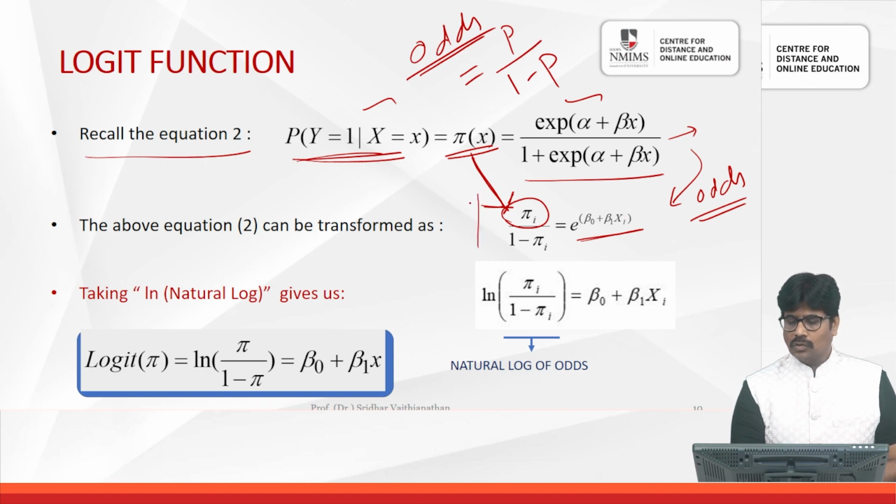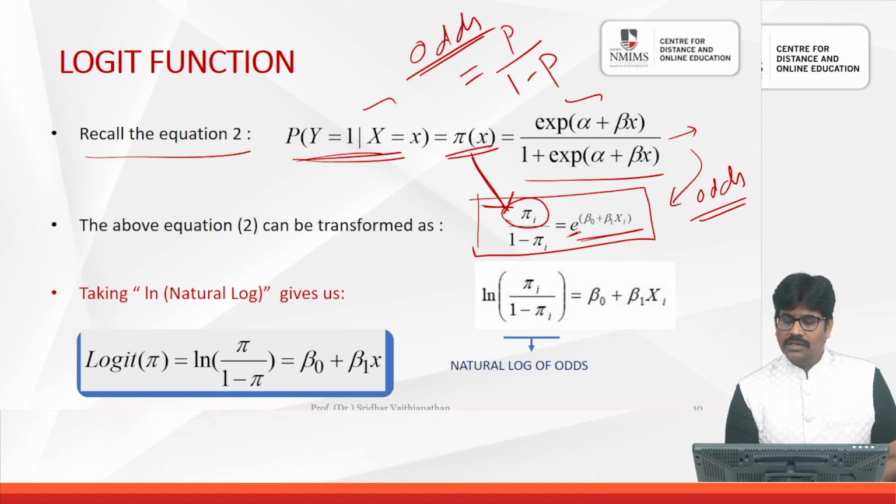Now this also does not establish a great relationship between the dependent variable and independent variable. So what do we do? We need to overcome this exponential, right? Otherwise the RHS is beta naught plus beta 1 x1, depending upon the number of independent variables. So here the independent variable is 1 and hence only x1 is there. Now this is linear, right? But exponential is there. So how to take away this exponential?